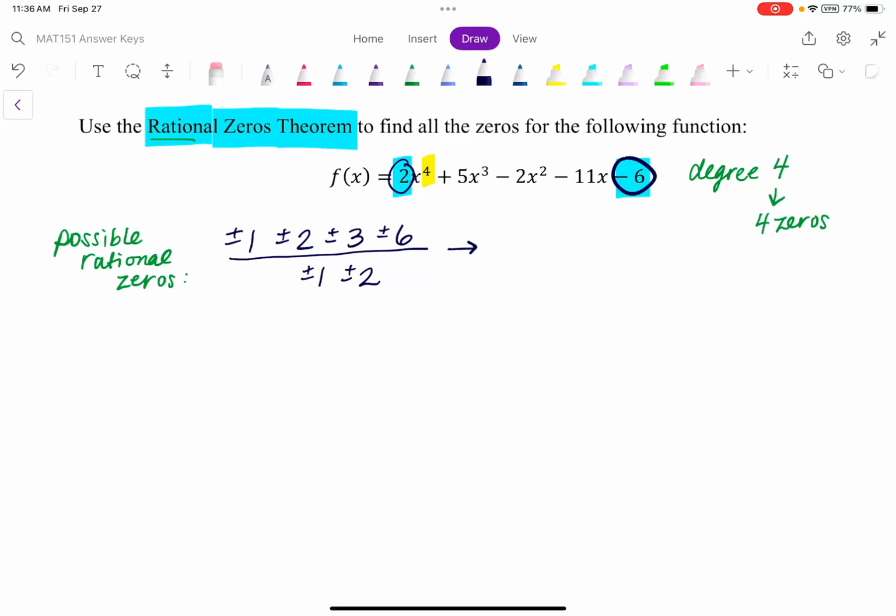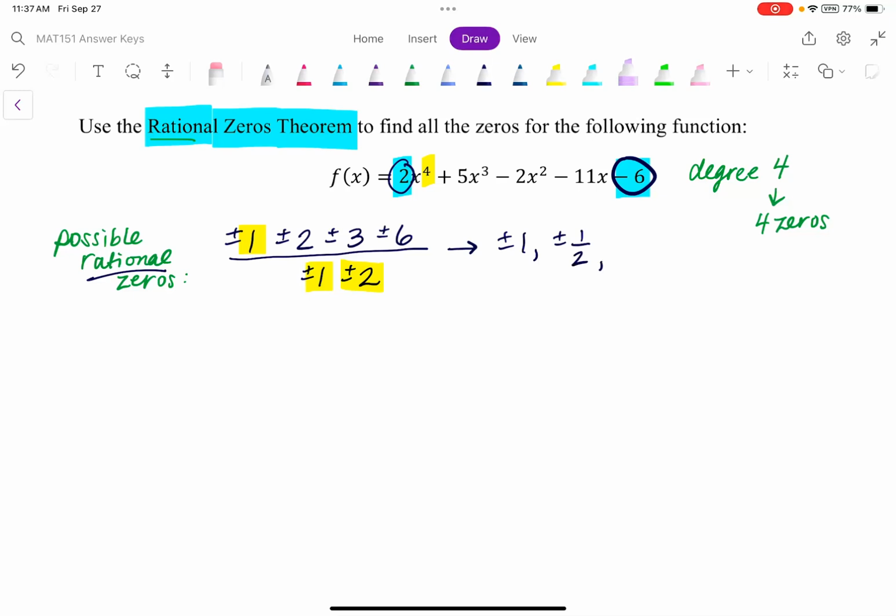And remember, these are all going to be rational numbers, which means they can all be expressed as a fraction. So if we start with just 1 divided by 1, that's just going to give us plus or minus 1. And then we take 1 divided by 2, 1 over 2 is 1/2. So there's positive and negative 1/2.